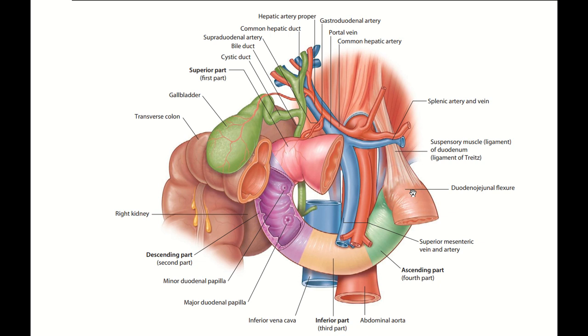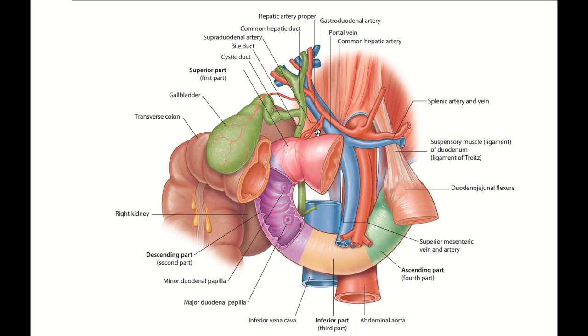You understand? Good. Now let's take a look at the jejunum, because the small intestine is going to continue as the jejunum. Oh, before we take a look at the jejunum, let's take a look at the blood supply of the duodenum. The duodenum is going to be supplied by the superior and inferior pancreaticoduodenal arteries.